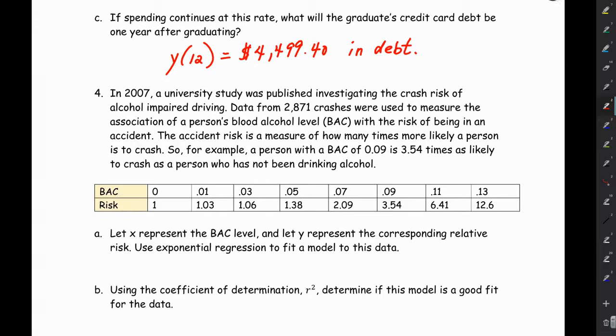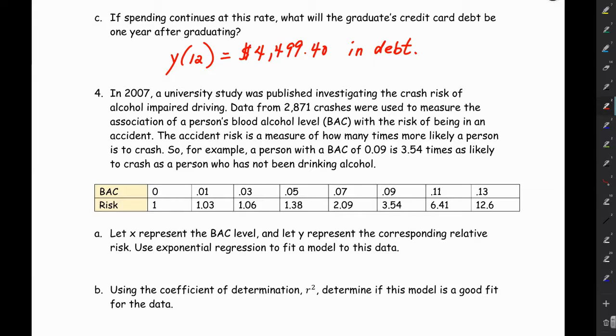In 2007, a university study was published investigating the crash risk of alcohol-impaired driving. Data from 2,871 crashes were used to measure the association of a person's blood alcohol level, their BAC, with the risk of being in an accident.